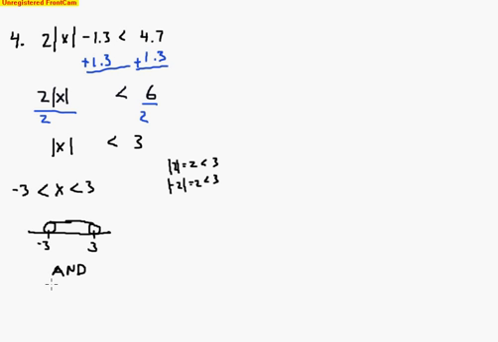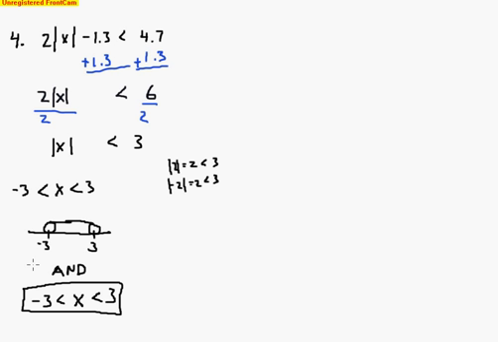And so the way we'll write the answer is just as it is above. And so our answer graphically is here. Our answer algebraically is just negative 3 is less than x, and x is less than 3. So this means the values of x are greater than the negative, but smaller than the positive, which means they're in between.